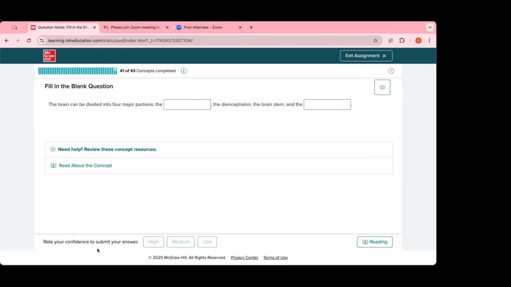The brain can be divided into the cerebrum.